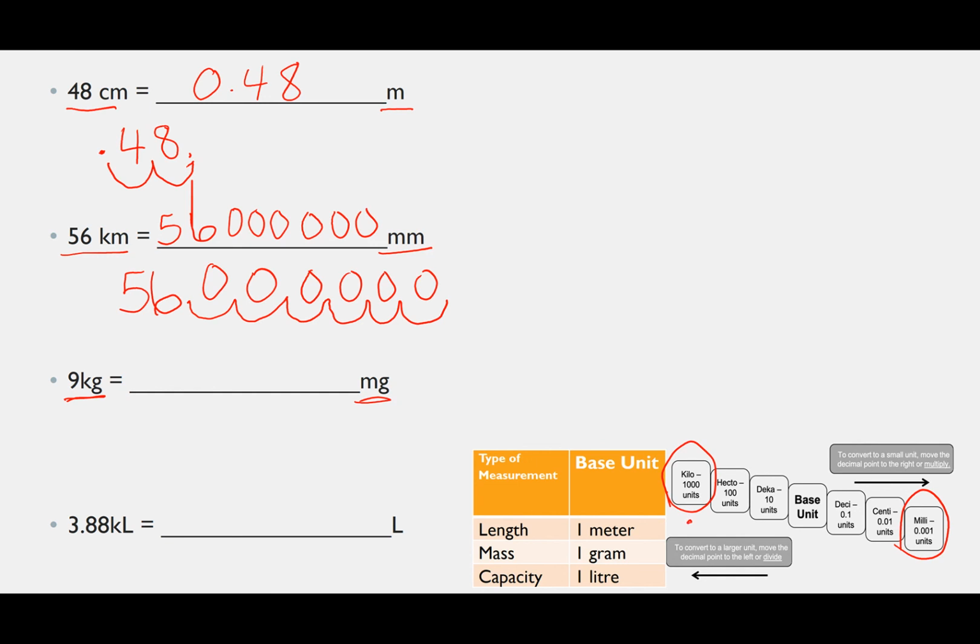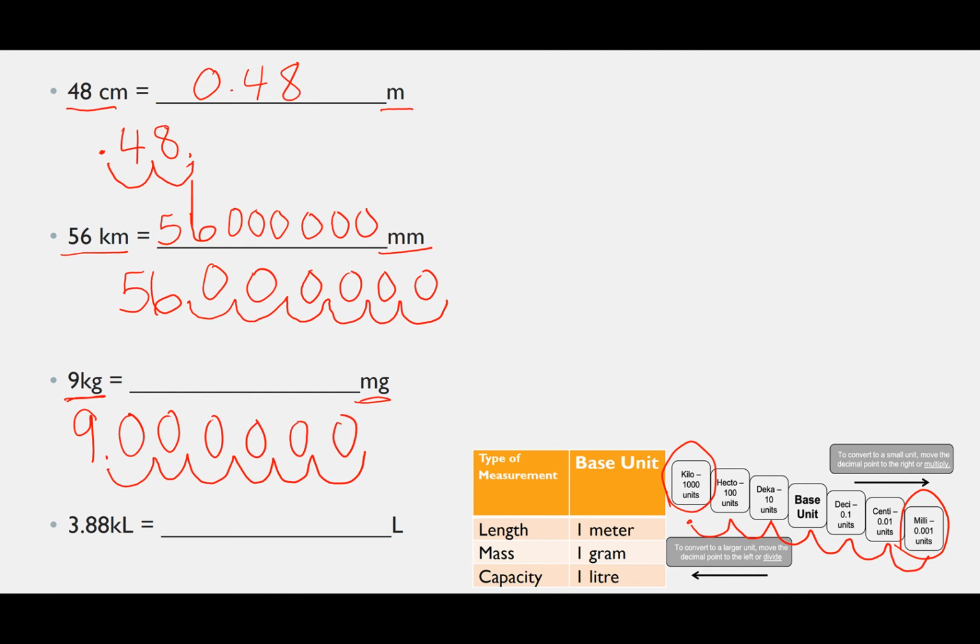We take our decimal, and we're going to move the decimal place over 6 times. 1, 2, 3, 4, 5, 6. Fill in those zeros. And it gives us 9 million milligrams.